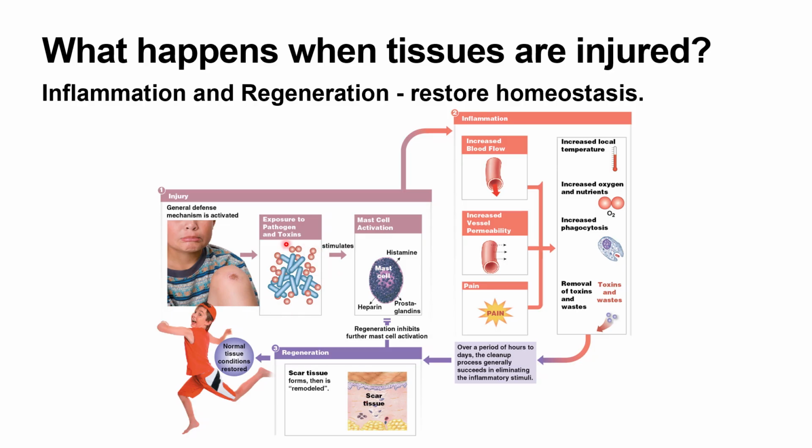But in the absence of cleaning the wound, we are going to see what's called an inflammatory process where we have a mast cell activation. The local mast cells to the area are going to secrete different inflammatory markers like histamine, heparin, and prostaglandins. So what this is going to do is it's going to set off an inflammatory cascade.